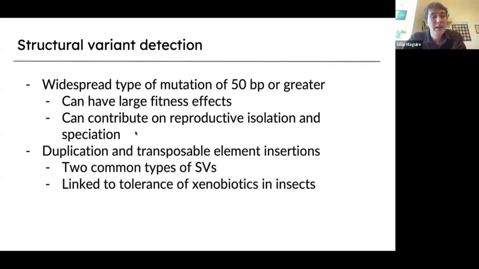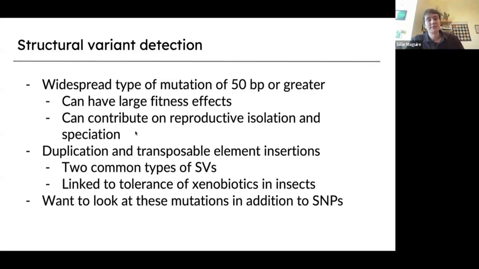And particularly, we're interested in duplications and transposable element insertions. These are two common types of structural variants across the tree of life, but they are particularly important in insects because they've been linked to the tolerance of xenobiotics, which include pesticides and also plant secondary compounds that plants use to deter herbivory. And so we want to look at these mutations in addition to SNPs.